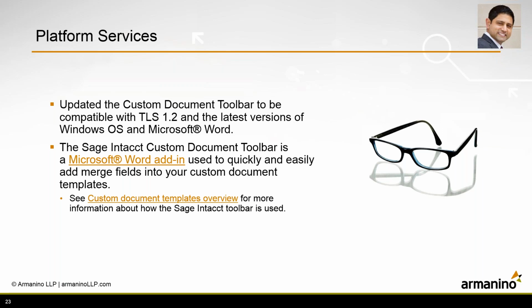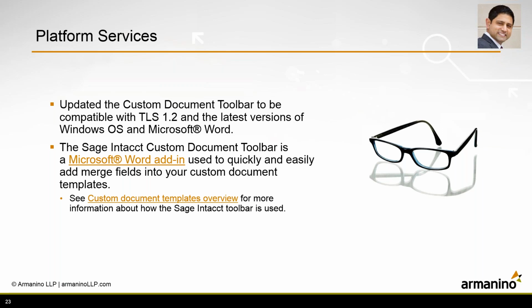I can tell you every implementation that I've been in, clients are confused as to why they download a toolbar and there's an error. And then we always have to email them the step-by-step to go in and actually get that toolbar. So I'm happy to say here that Intacct has released a new toolbar compatible with the stuff that Brenda just talked about, TLS 1.2, but the latest versions of Windows and Microsoft Word.